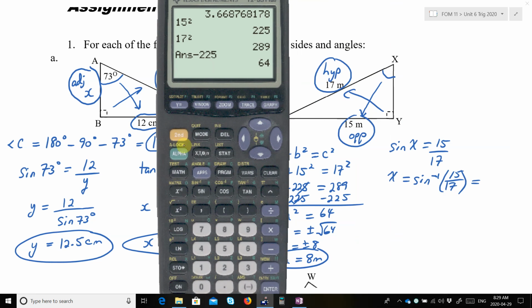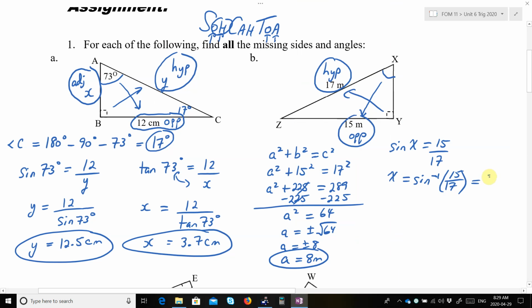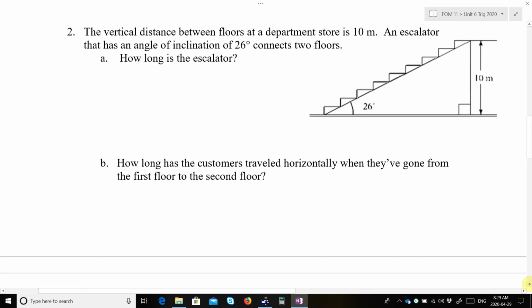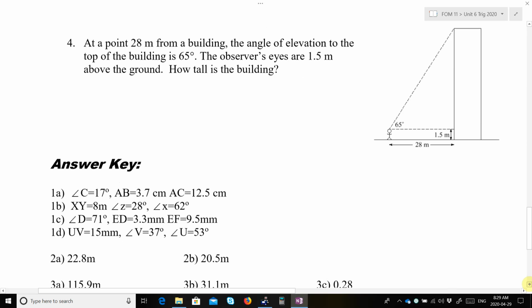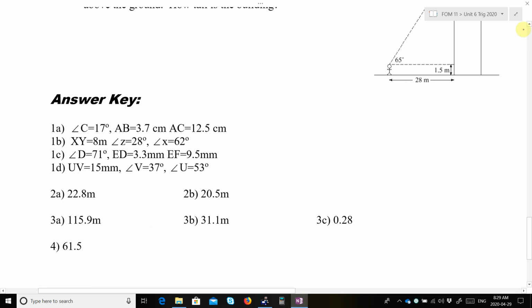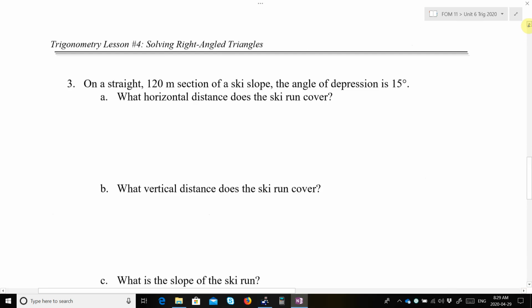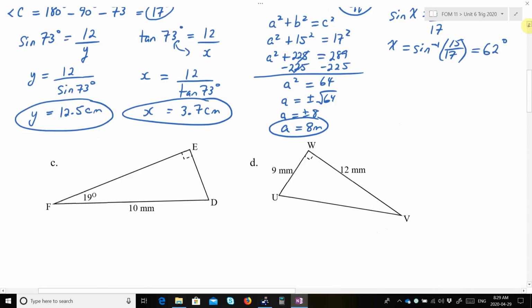So I'm going to go second function sine 15 over 17, and we get 62 degrees. Let me just check down here if they're doing degrees to the nearest degree. Yes. Angle X is 62 degrees.